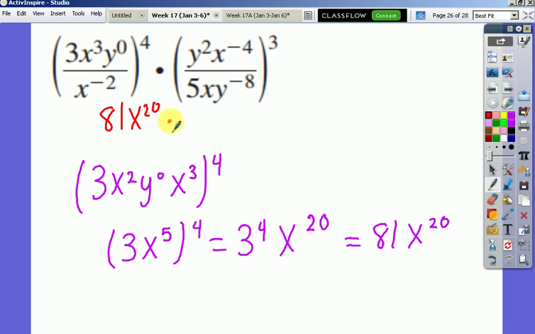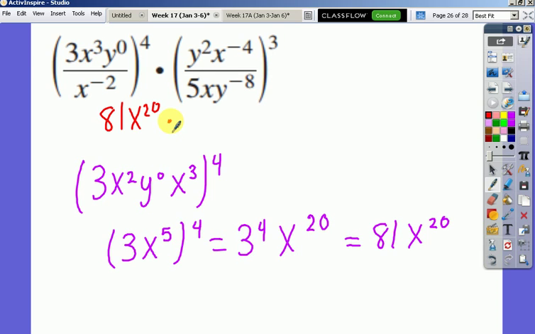Yes. Well, there was a 3 right there. X cubed there. So when I brought this up, I have x squared. And I brought the negative 2 up. And I already had a 3 there. So when I multiply two of the same base with different exponents, I add those exponents.